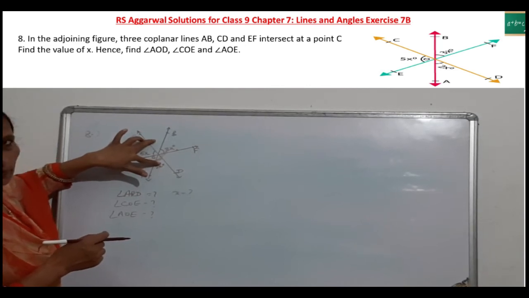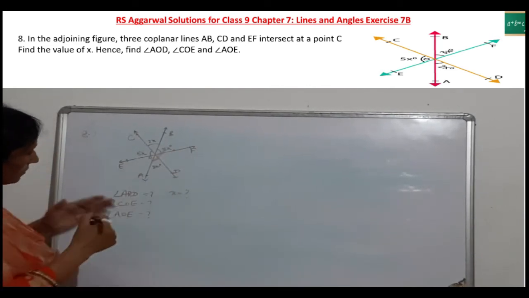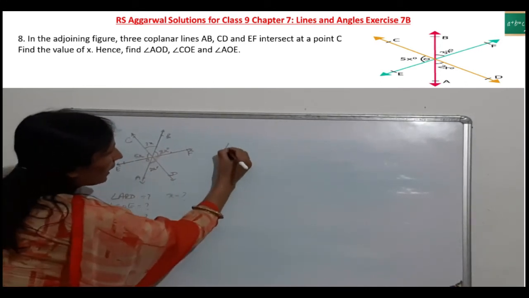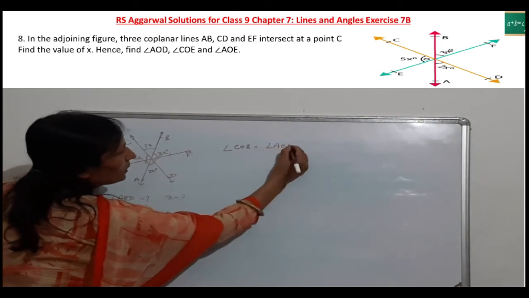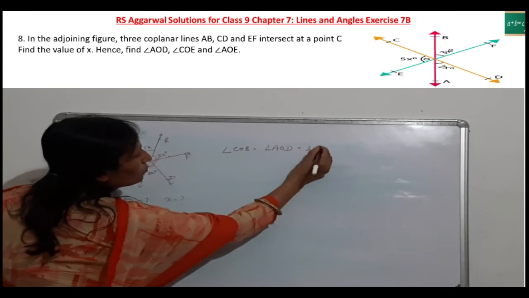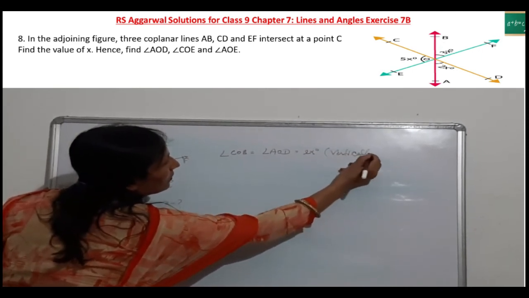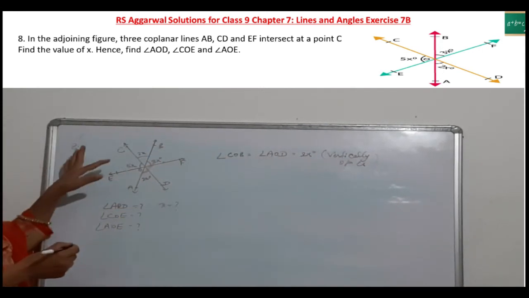The value of both will be the same, so here we can also write 2x. Angle COB is equal to angle AOD is equal to 2x degrees, because of vertically opposite angles.